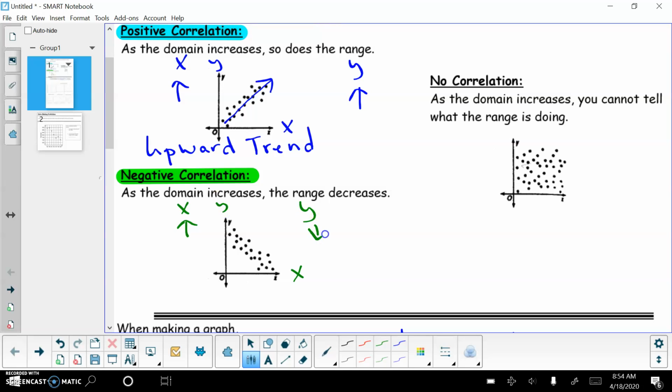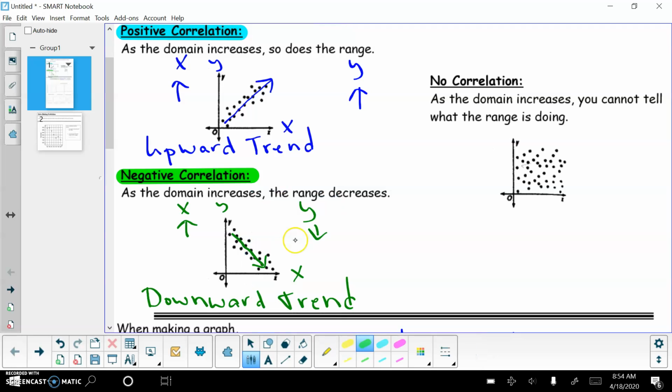It's going to go down, and because they're going in opposite directions, the dots, the points, have a definite downward trend. Once again, they're not all in a straight line, but they definitely look like from left to right, they're going down. So when we see this downward trend, we say that the points have a negative correlation.